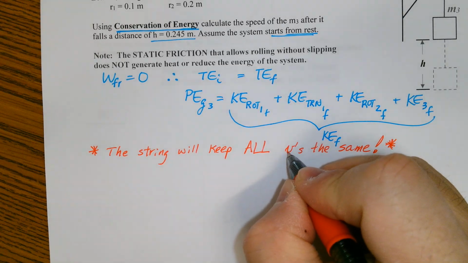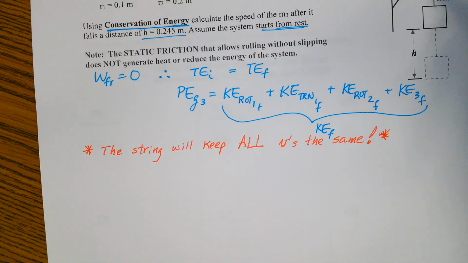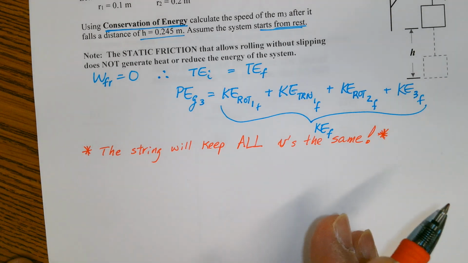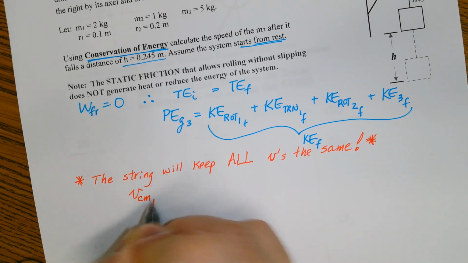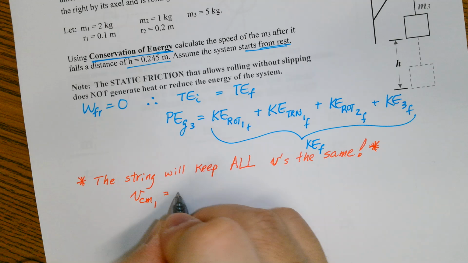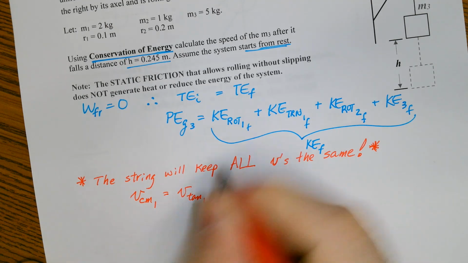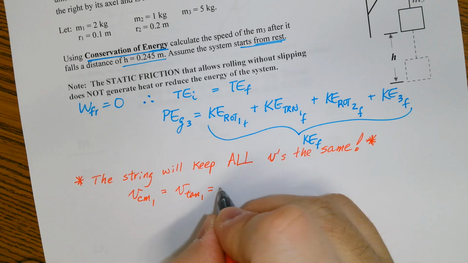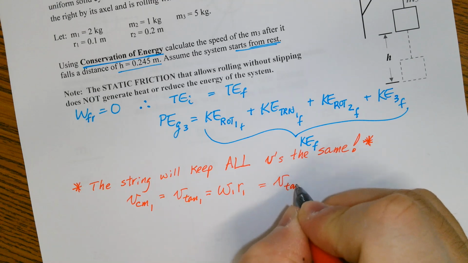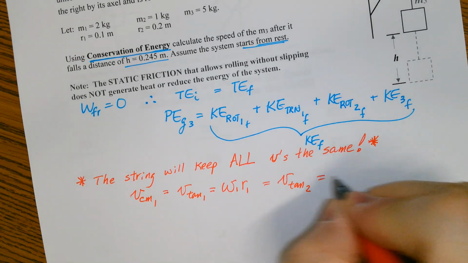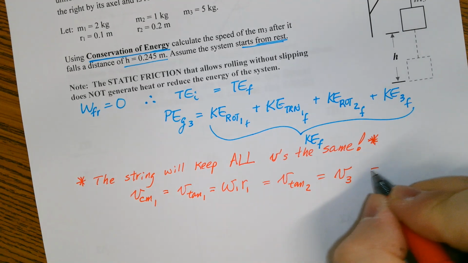So the V for M1, V for M2 tangential, and V for M3 has to be the same because of that string. As long as there's no slipping, we can say V sub CM for mass 1 has to equal V tangential of mass 1, which is equal to omega 1 R1, which is equal to V tangential of mass 2, which is equal to V3, and they're all basically V's.